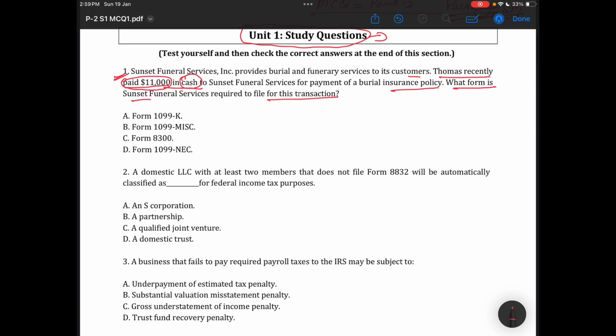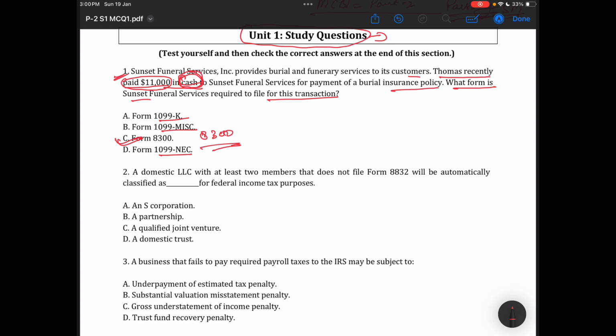So prima facie, when we see the options here, they ask about 1099-K, 1099-MISC and 1099-NEC. So the majority of students think that the answer is related to the 1099 form. They directly jump and they miss this point. The correct answer for the question is Form 8300.